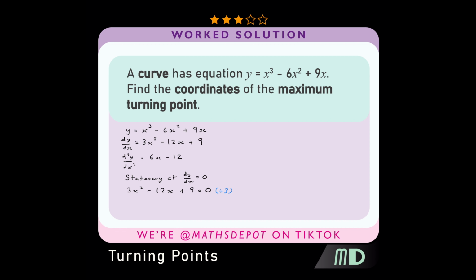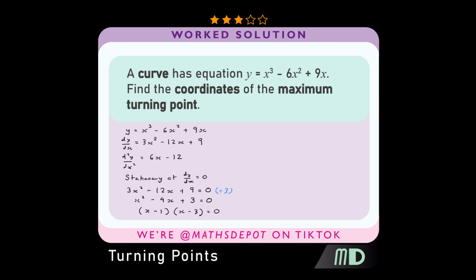So, x squared minus 4x plus 3 is equal to 0. 1 and 3 are a factor pair of 3, with a sum of 4. And taking into account the signs, that gives us x minus 1 in one bracket and x minus 3 in the second.